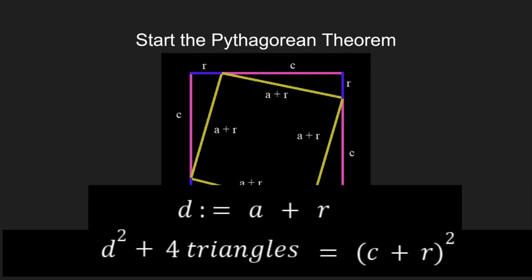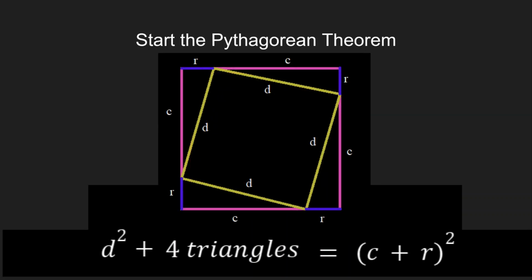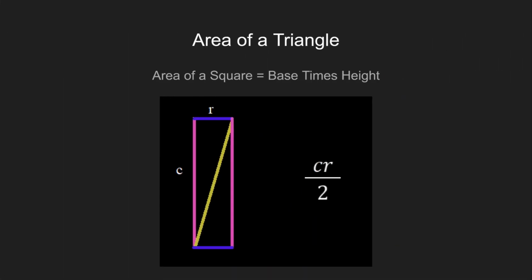Furthermore, we don't really want to go and mess around with A plus R being separated or be treated as anything other than a single quantity, because that's the length of our hypotenuse. So let's let D equal A plus R. That's going to make our diagram look like this. We also want to go and consider the area of these triangles.